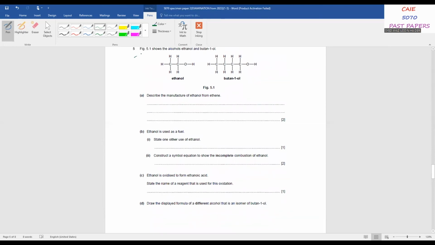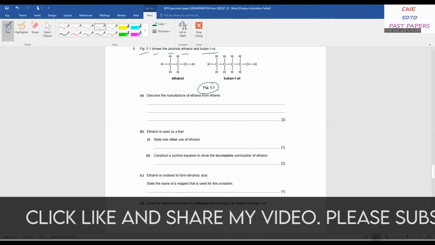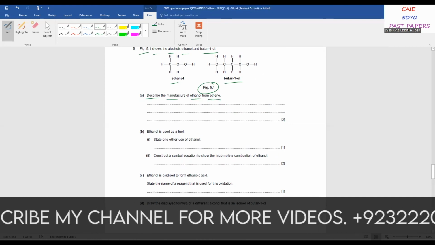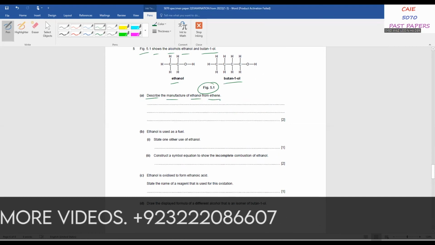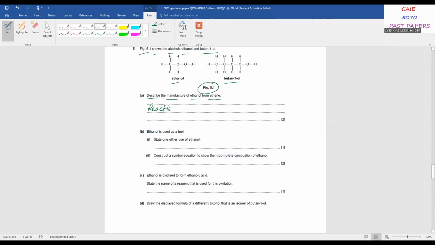Question number 5. Figure 5.1 shows the alcohols ethanol and butan-1-ol. Describe the manufacture of ethanol from ethene. So you have to write the conditions. It's very easy. The reaction with steam will take place. Mention the name of the catalyst.